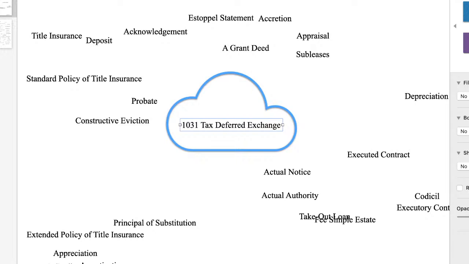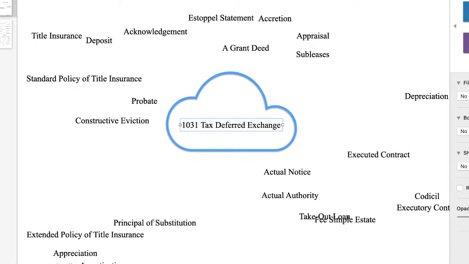So a 1031 tax deferred exchange is when you sell your property, take the money, and put it into another property. Everybody got it? You sell your property, you take the money, and you put it into another property.